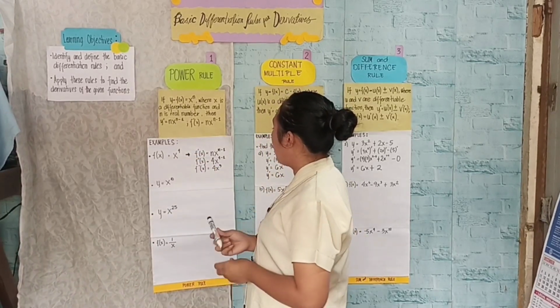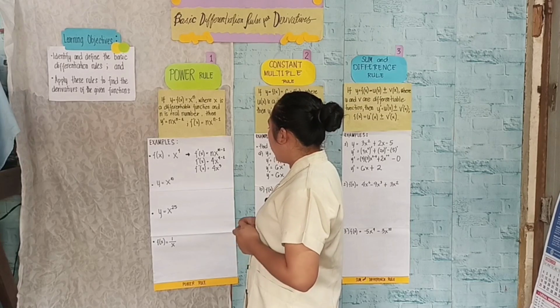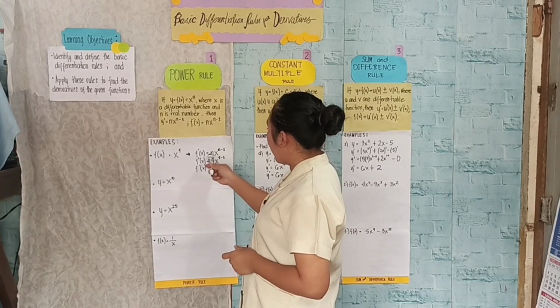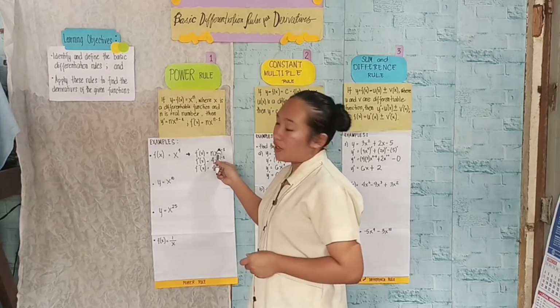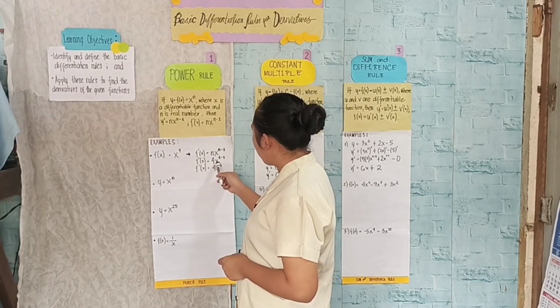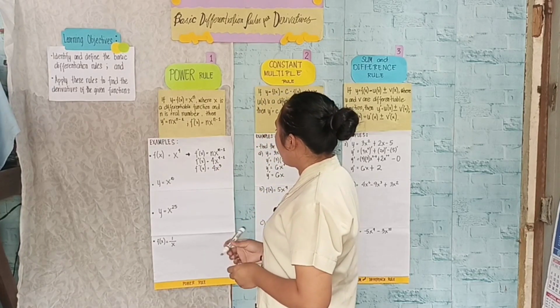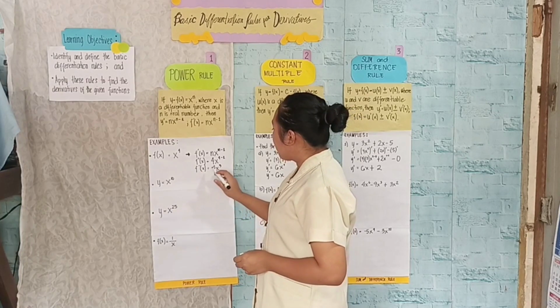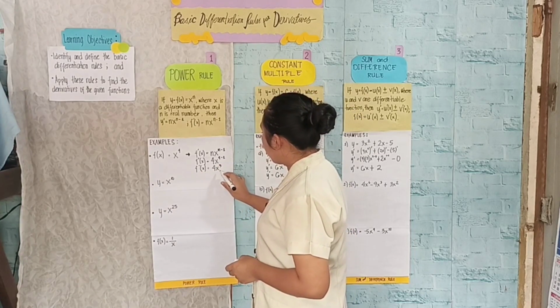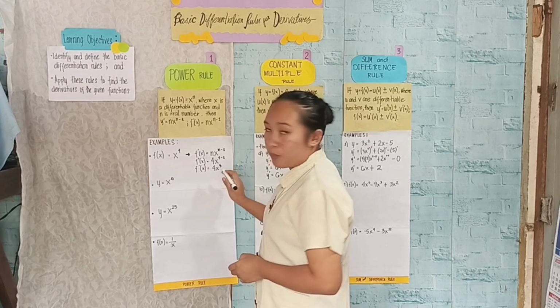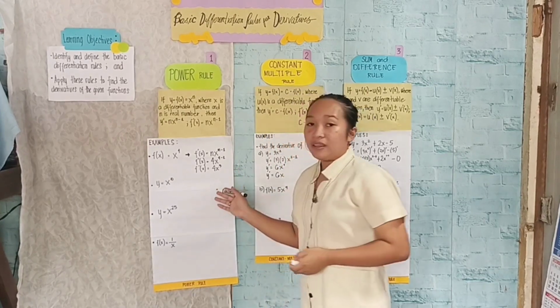Let us now substitute the values. Our n is 4 because it is our exponent, then x, then our exponent is 4 minus 1. So the derivative, or f prime of x, is equal to 4x cubed. So have you got it?